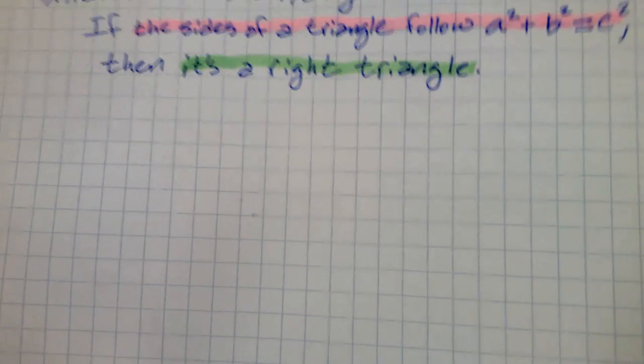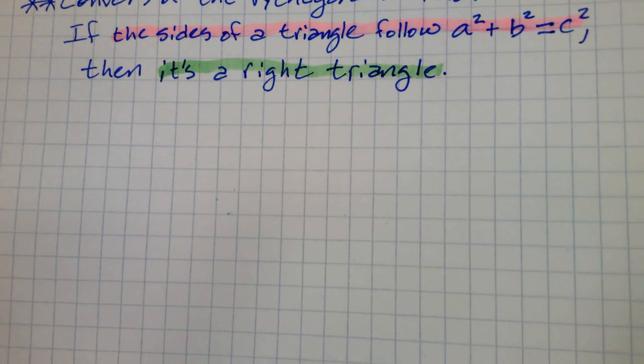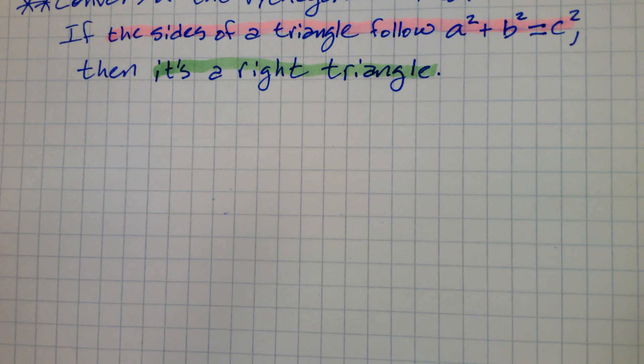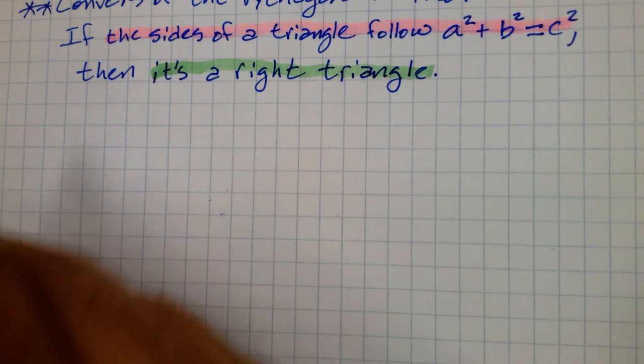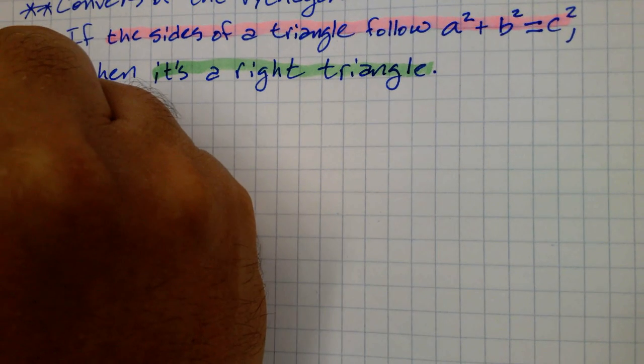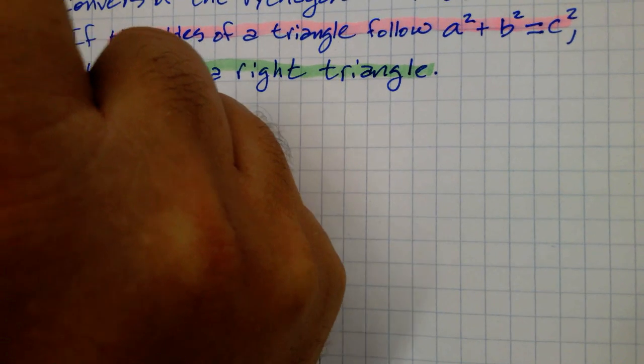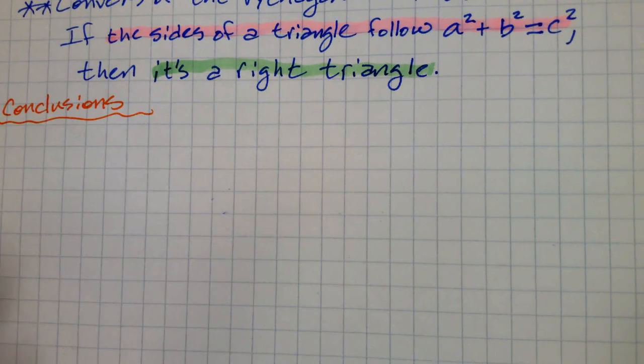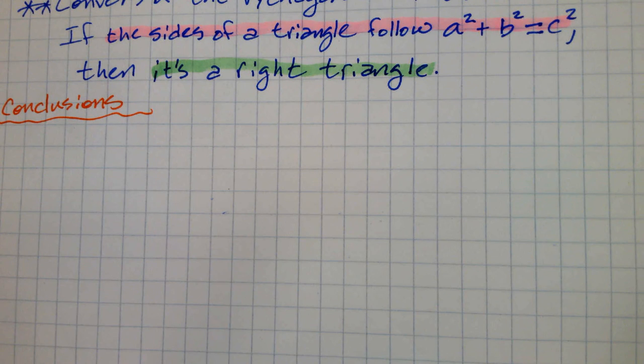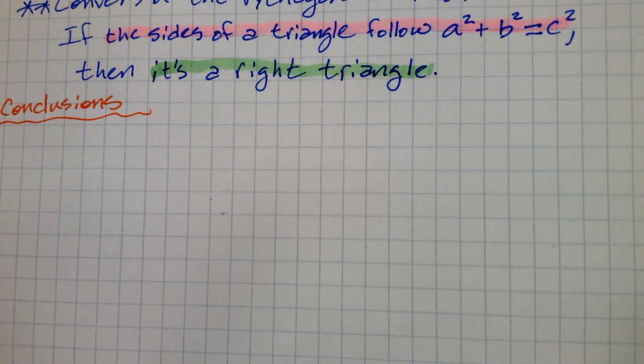So I'm going to just extend this, and we're going to have more conclusions. These are all the conclusions we get from this statement. So it's not just a squared plus b squared equals c squared. We can actually determine also if we have obtuse or acute triangles.